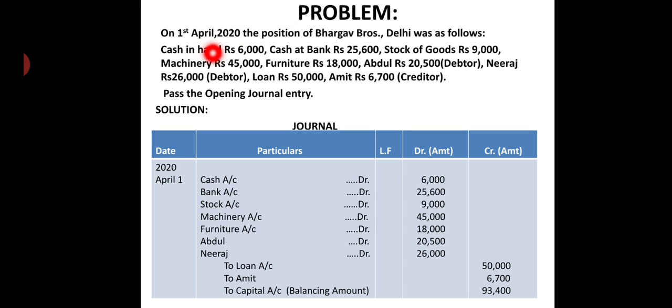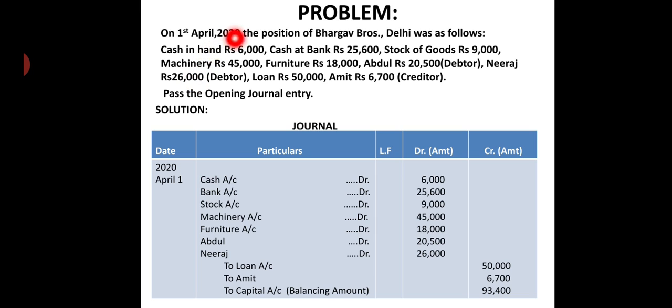So a balance sheet is given in the following way: cash in hand 6,000, cash at bank 25,600, stock of goods rupees 9,000, machinery 45,000, furniture 18,000, and Abdul, who is one of our debtors, and as you know debtor is an asset, 20,500, and Neeraj, one more debtor for 26,000.